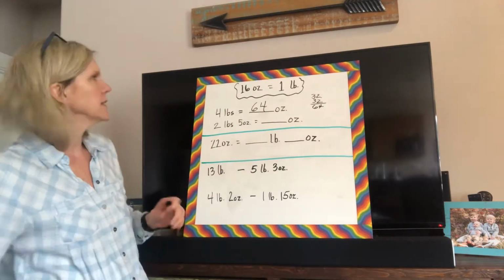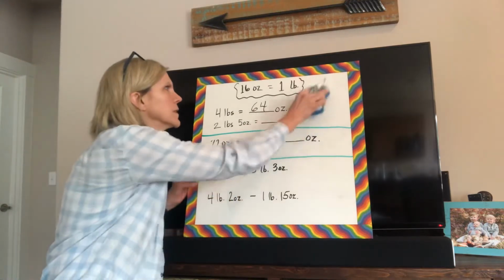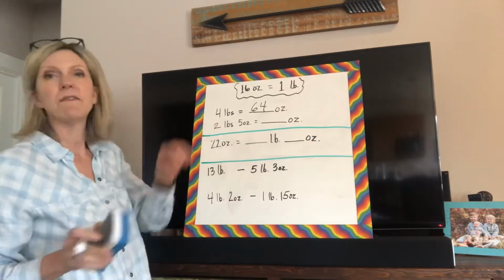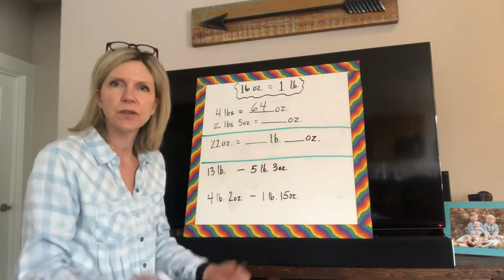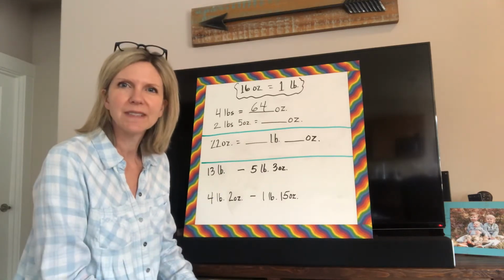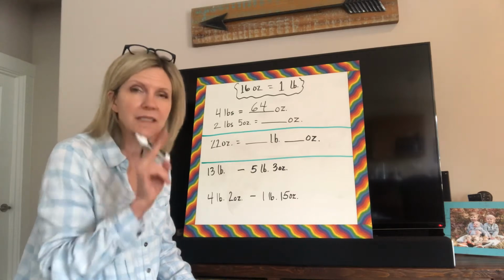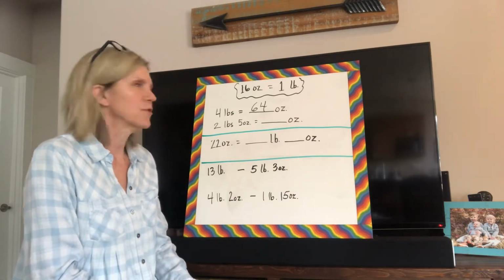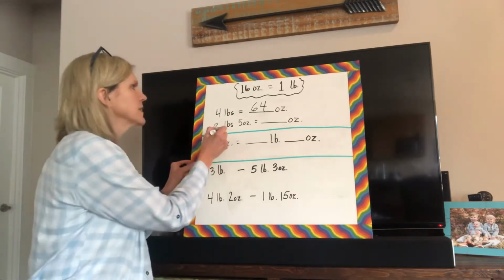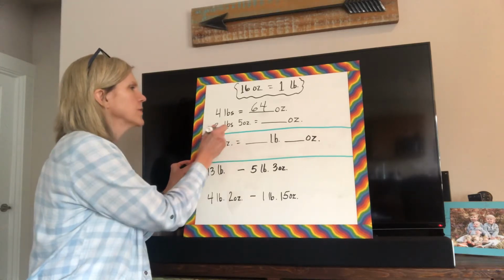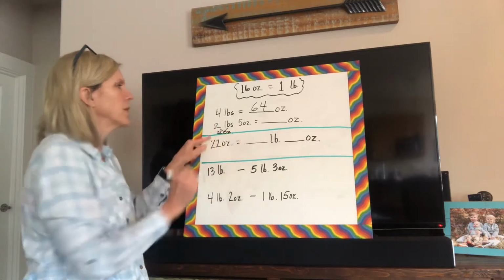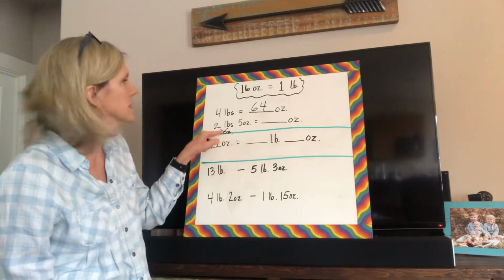Okay, now let's say I wanted you to convert 2 pounds 5 ounces into just ounces. So you would know that 2 pounds is double 16, which is 32, okay? So that equals 32 ounces, all right?